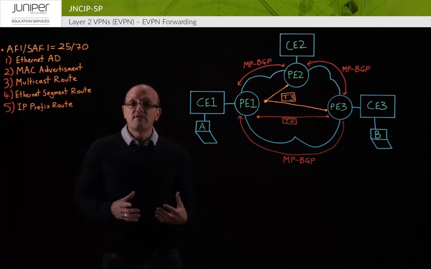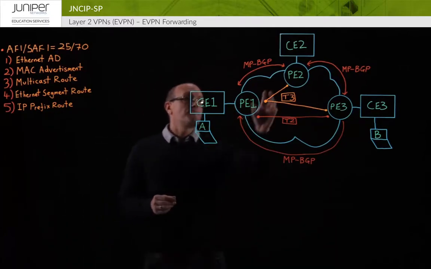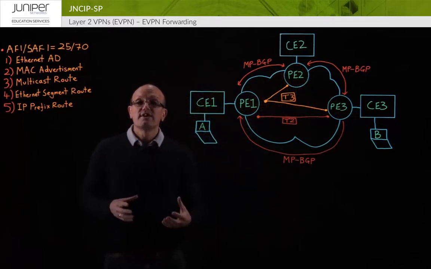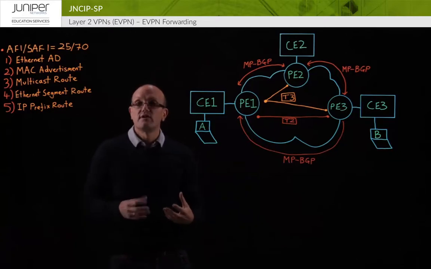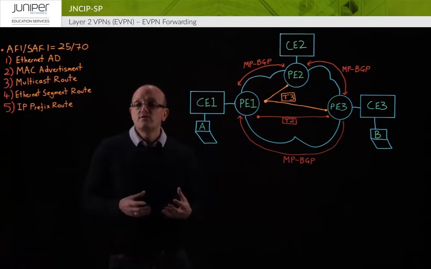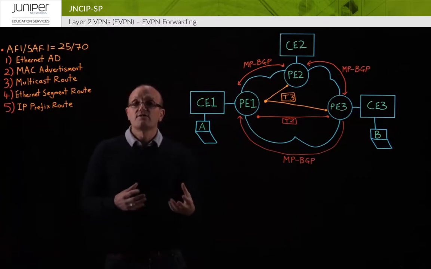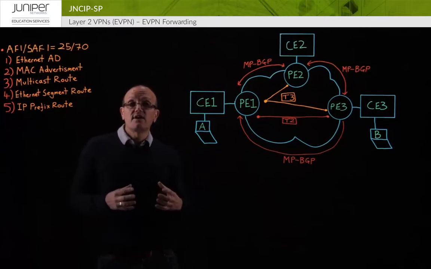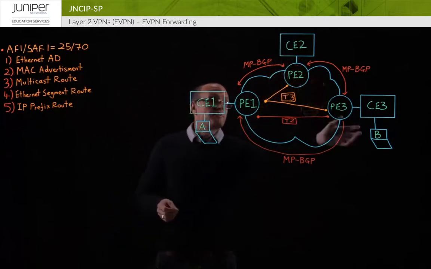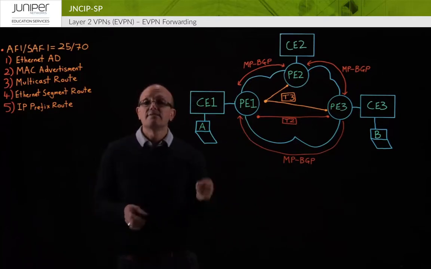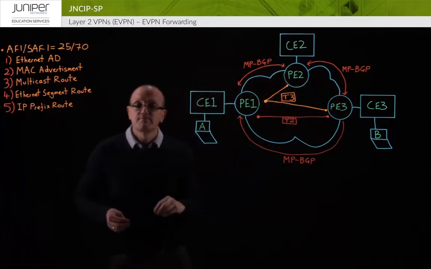When it comes to EVPN, from the service provider's perspective, we can think of all of the PEs as acting as one coordinated, distributed learning bridge. That is, a PE learns about the location of a MAC address through its arrival on a particular CE interface, and it then notifies all of the other PEs that are participating in this particular EVPN about the location of that MAC address.